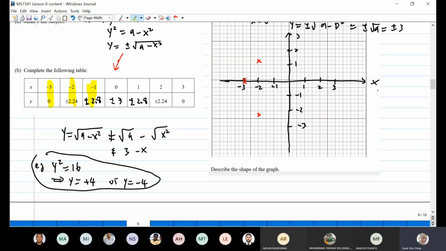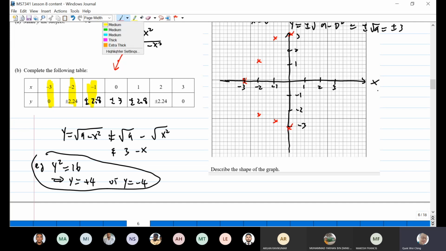So x equal to -1, 2.8. So this is 2.8 somewhere here. And 2.8 here. Okay, then 0, plus or minus 3. So 0, plus or minus 3 is somewhere here now.